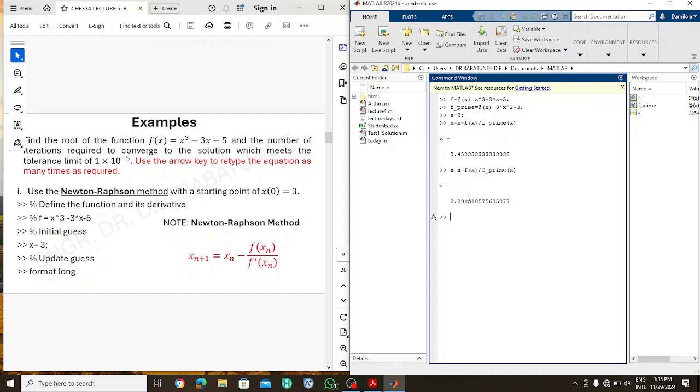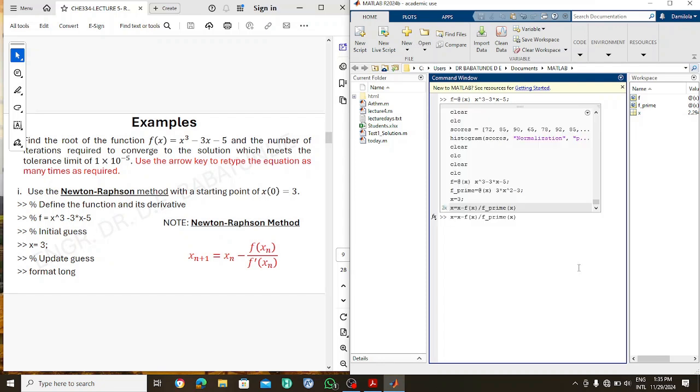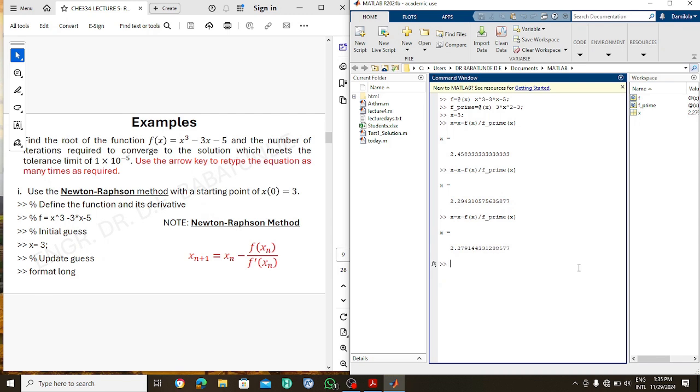If you compare this value and this value, it will not give you 10 raised power minus 5. No need for a calculator. So you continue the process. Okay, it's looking better, but this will still not give you 10 raised power minus 5.